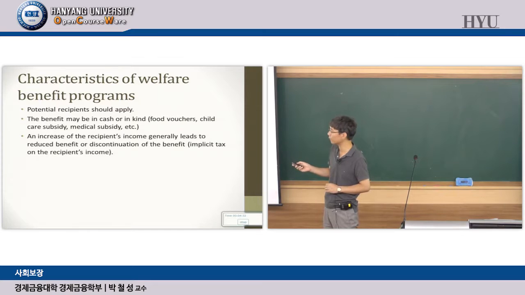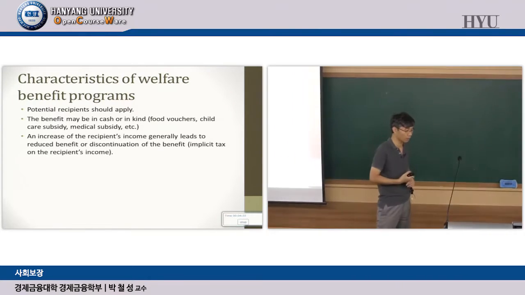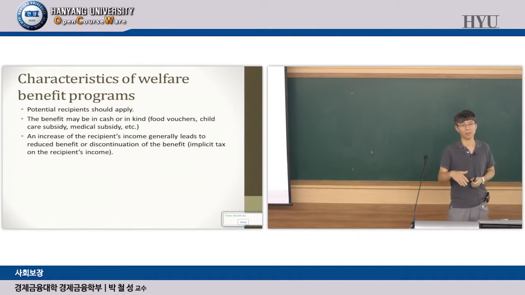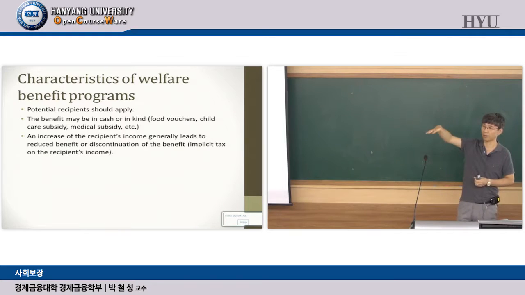The welfare benefit rule is, in general, that an increase of the recipient's income generally leads to reduced benefit. That means the poorest households will get the most benefit. If the households earn their own income, then in general the benefit will go down.